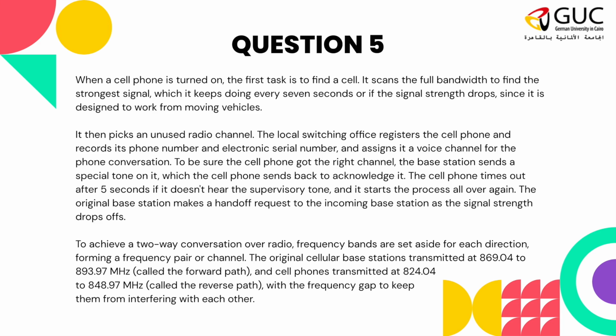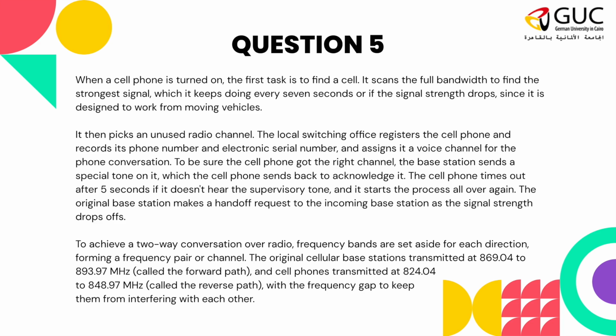The supervisory tone is the special tone sent by the base station to make sure that you receive the correct channel and then you acknowledge this special tone as a cell phone. However, if you did not receive this special tone after 5 seconds, the cell phone will try to recreate the process from the beginning, checking for an unused radio channel, etc.